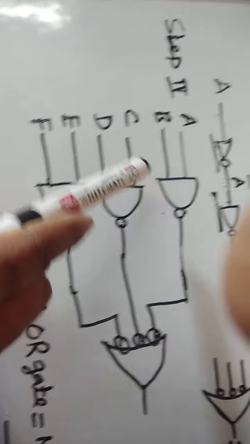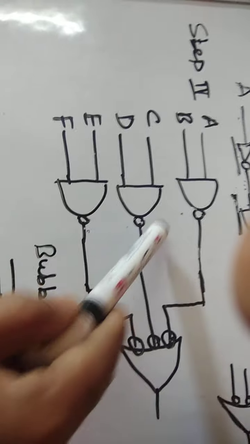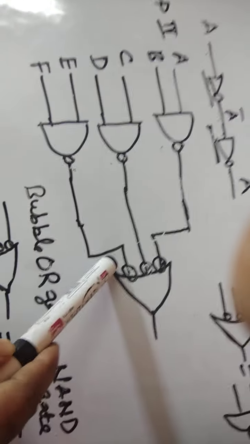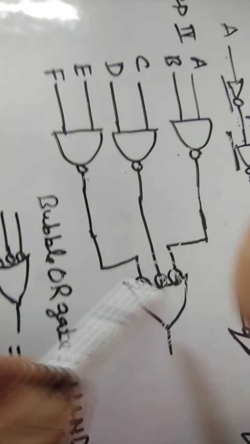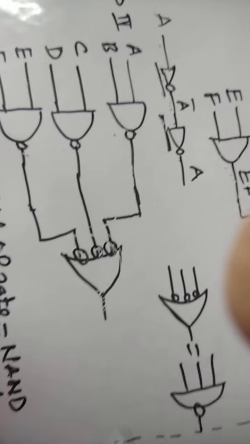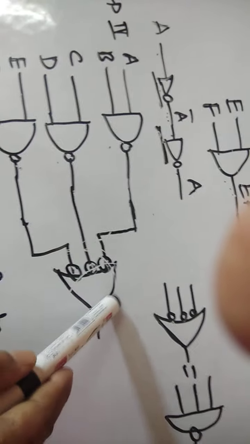And we find the same circuit. According to De Morgan's theorem, bubble OR gate equals NAND gate.